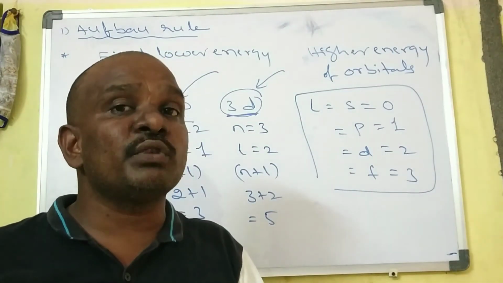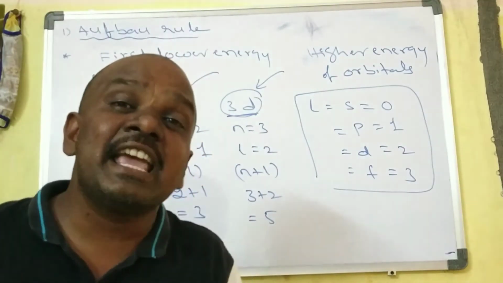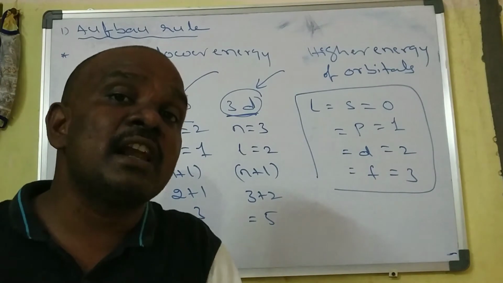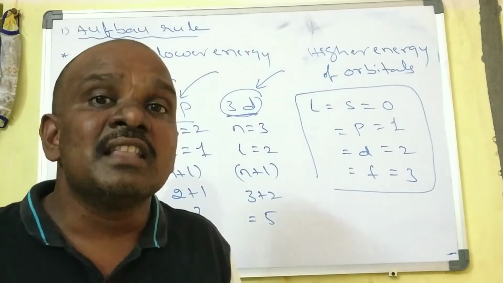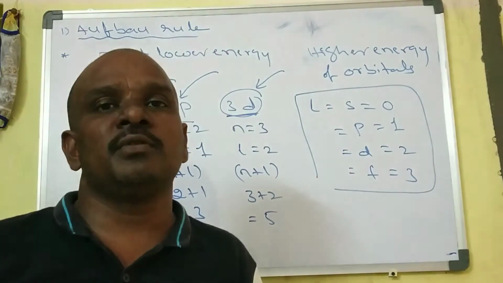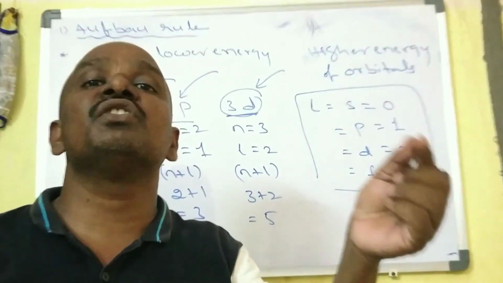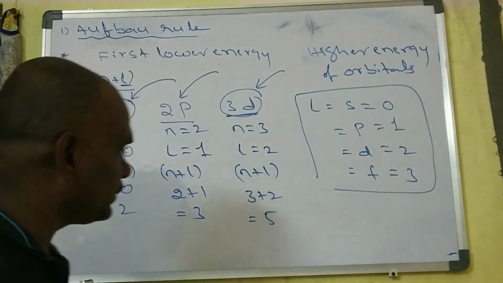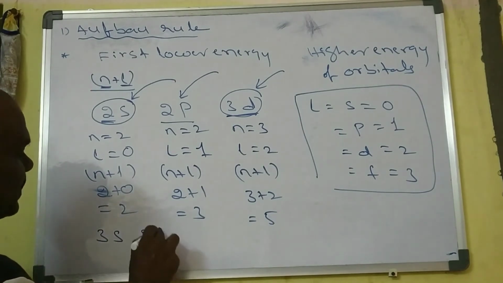Case 2 also we explain. If both orbitals have the same N plus L values, then how do we decide the lower energy orbital? The orbital which has the lower N value is considered the lower energy orbital. Suppose we take 3s and 2p orbitals.